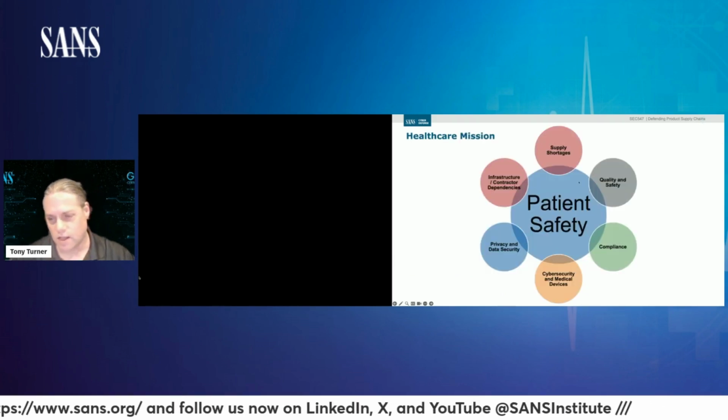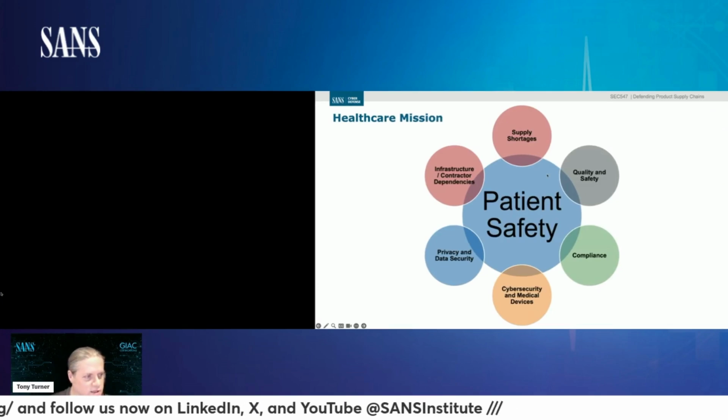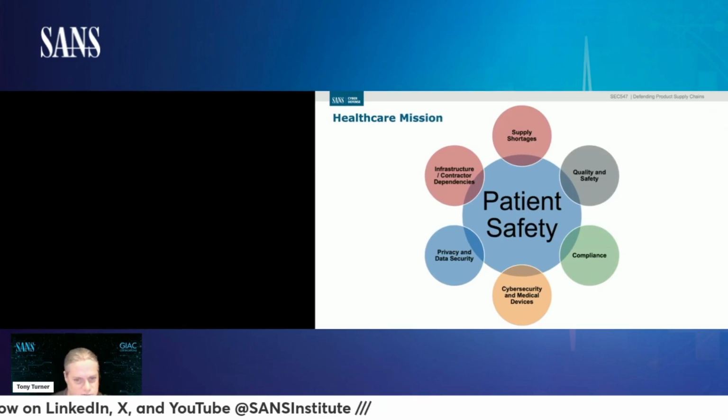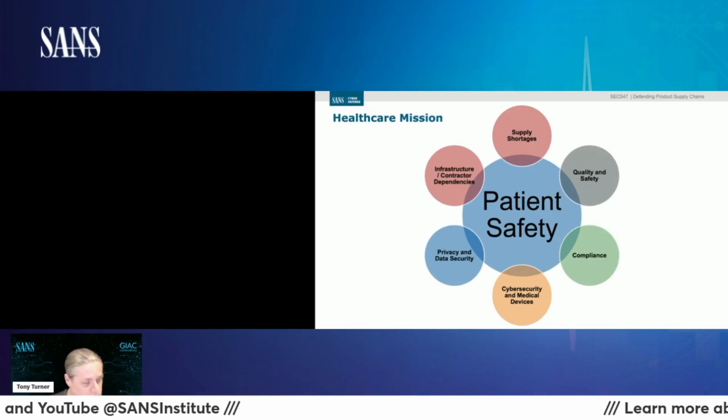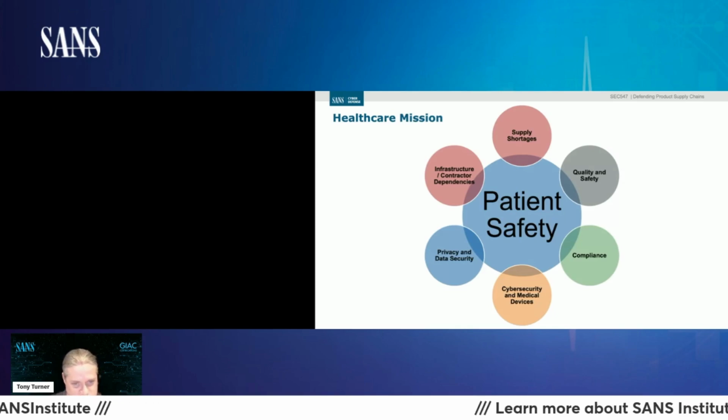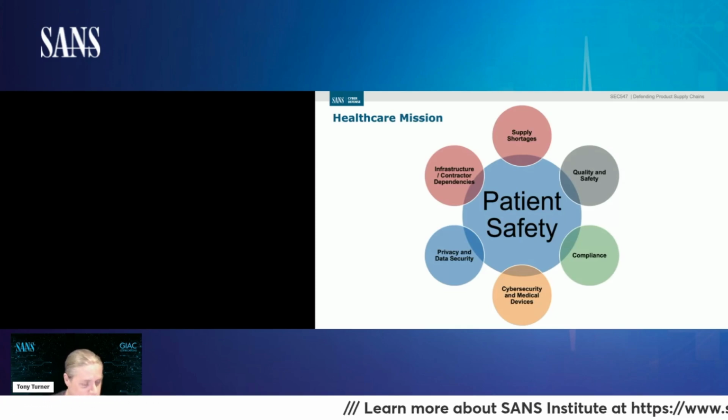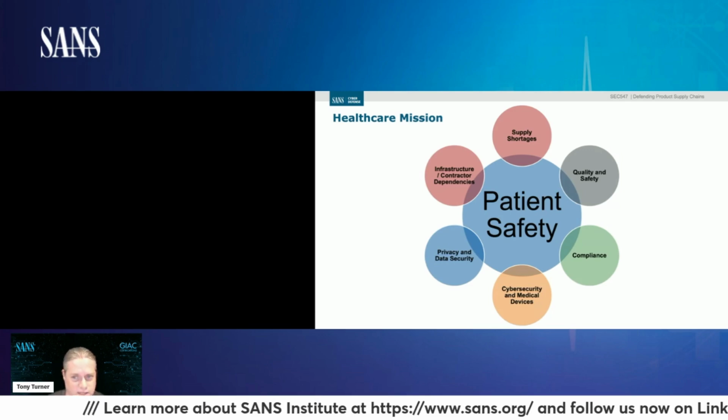All right. So when it really comes down to it, the primary focus of anything that we do in risk management is about the mission of the organization. And the primary mission of a healthcare organization is patient safety. There's a lot of things that come into play that can complicate that mission.